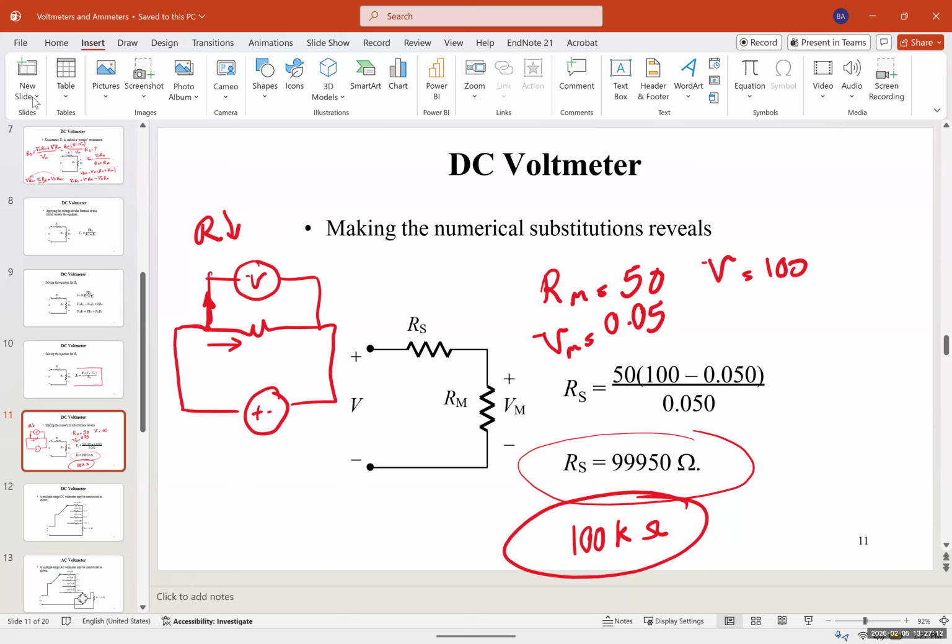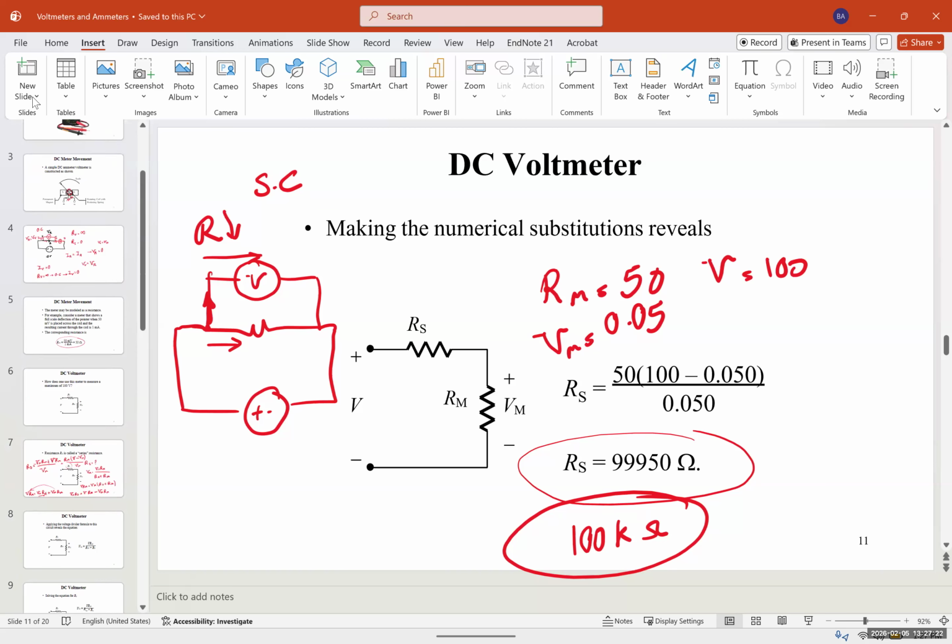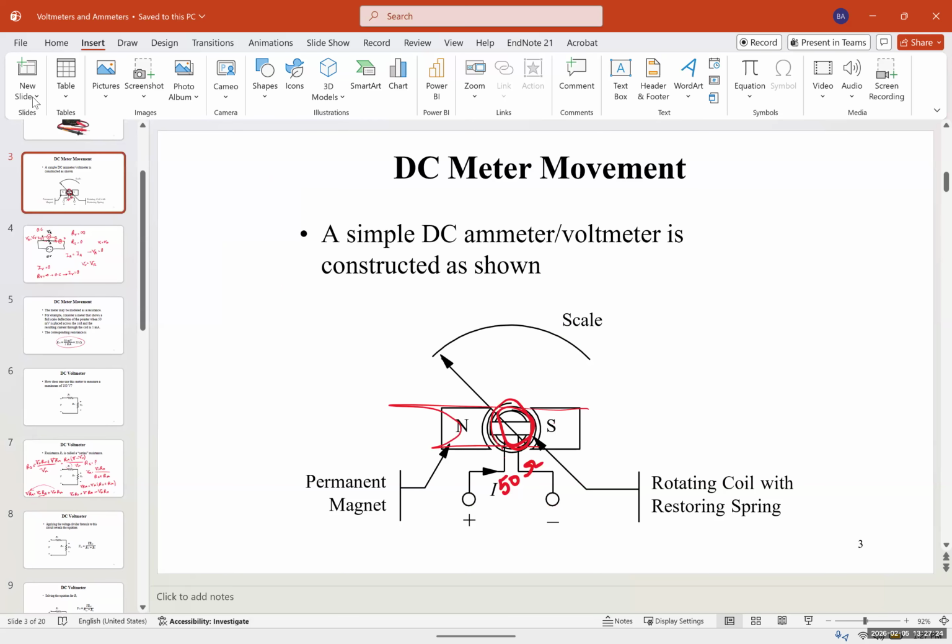And if this resistance is very low, it's going to act like a short circuit. The majority of the current would pass through the voltmeter. And since the coil has little to no resistance, it's going to melt the copper insulation and destroy it.